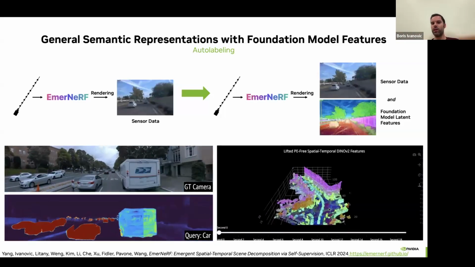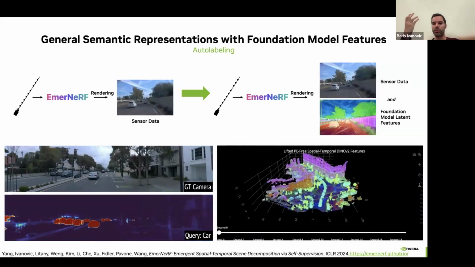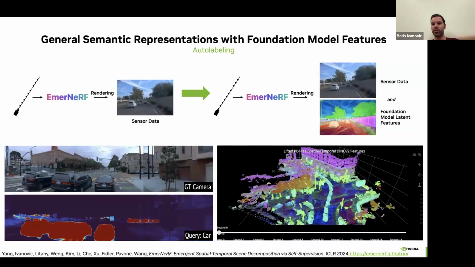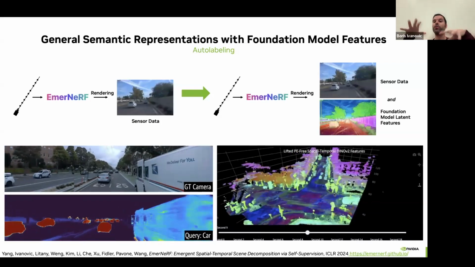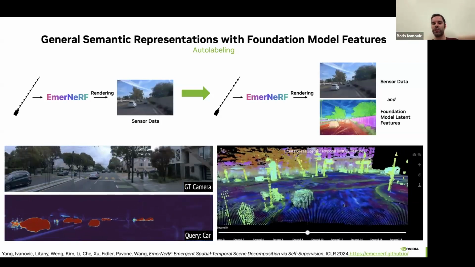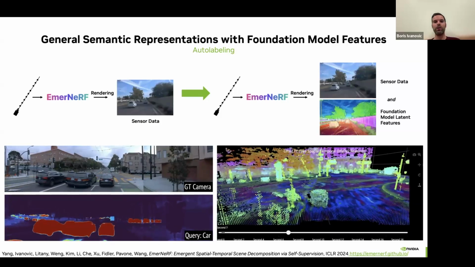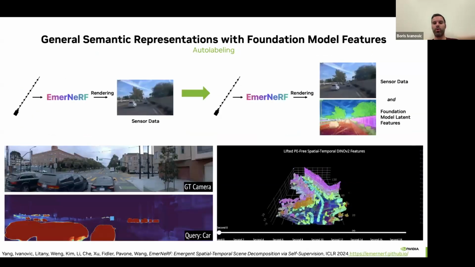And I'm going to show you here. This is what happens if you lift DINOv2 features into 4D, and you can actually see how you can even label them in 3D space across time, or at least how you get this feature clustering for different kinds of objects.